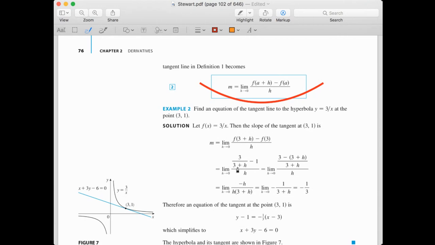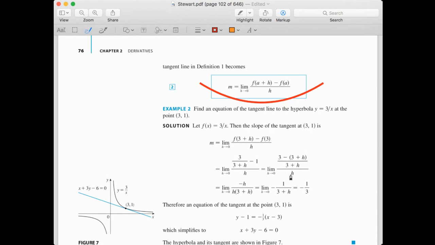Then we plug in f of 3 plus h and f of 3. f of 3 is 1. f of 3 plus h is 3 divided by 3 plus h, then divided by h. We simplify it. We rewrite 1 as 3 plus h divided by 3 plus h. So 3 minus 3 gets 0. We get negative h, then divided by 3 plus h times h.